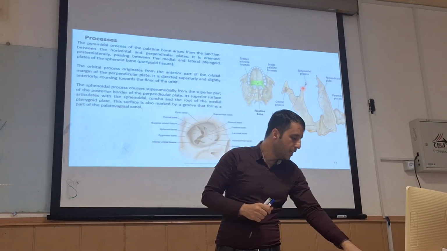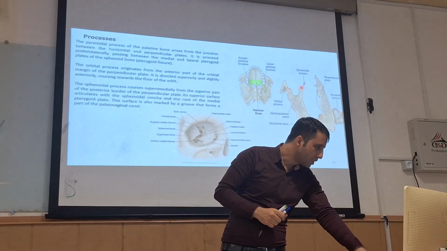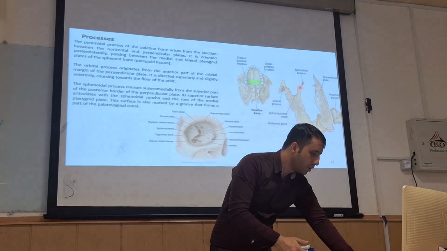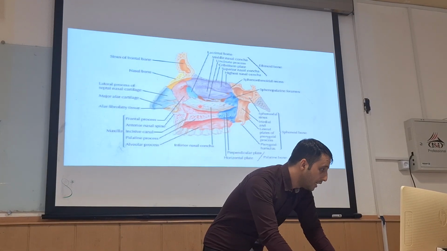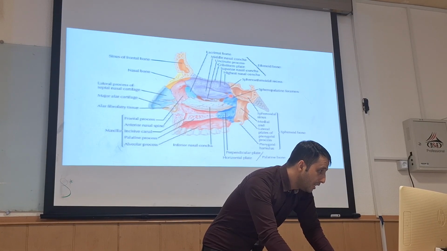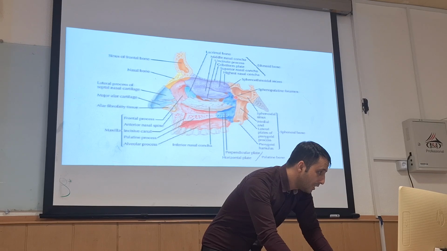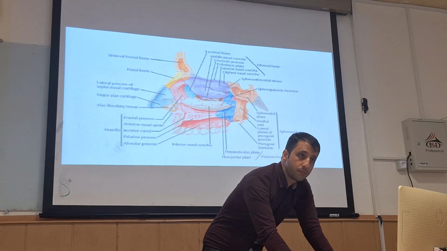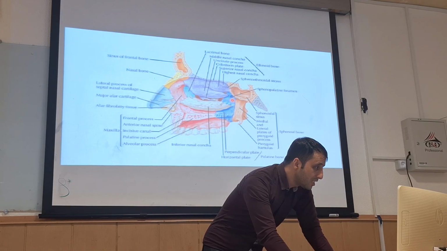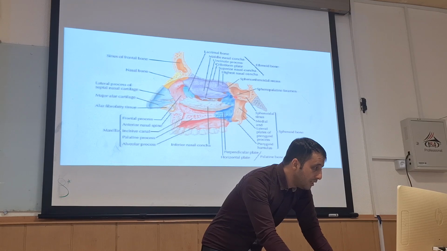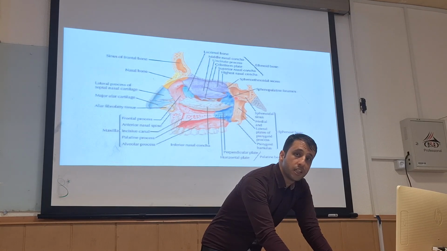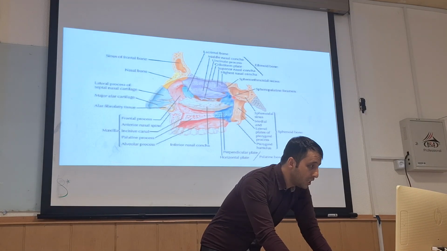Anteriorly is named orbital, posteriorly is named sphenoidal. Look at this area. It is the anterior process and it is the posterior process. The posterior process attaches to the inferior surface of the body of the sphenoid. It is named the sphenoidal process.